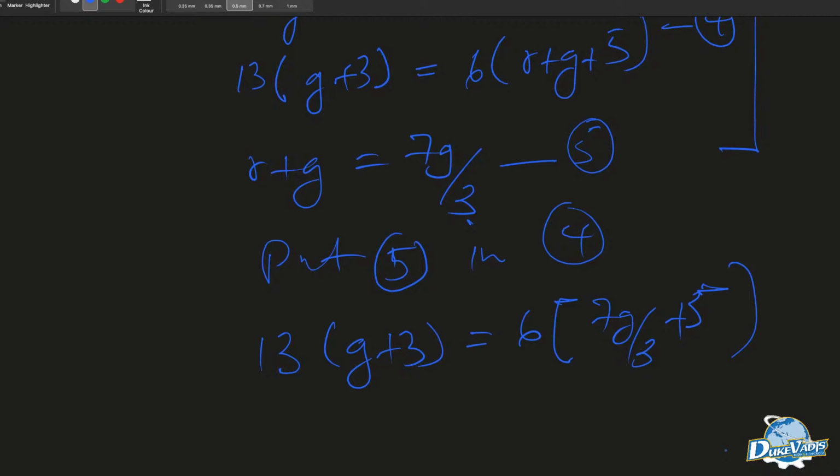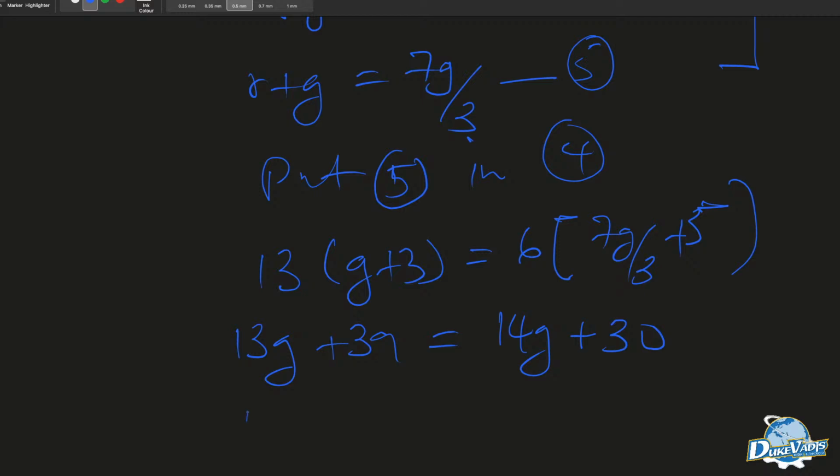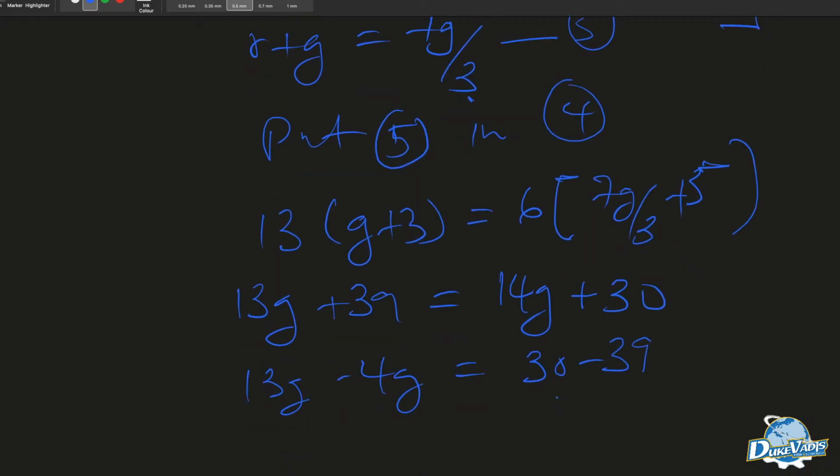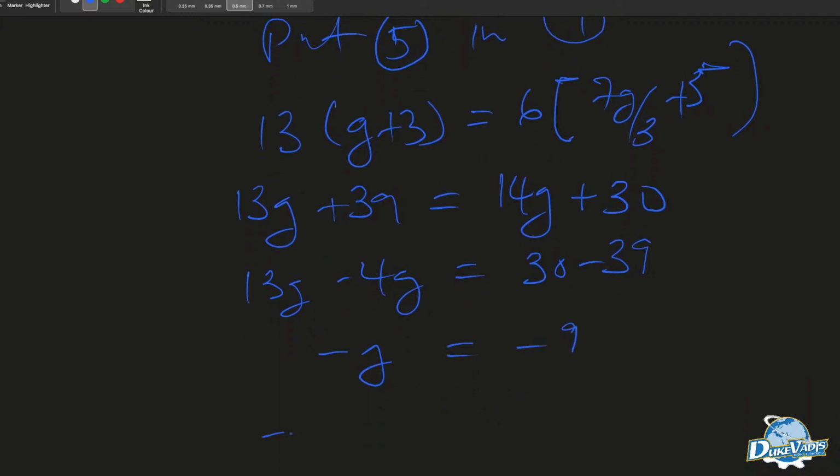When we simplify, we get 13G plus 39 is equal to 14G plus 30. So all the G's come out: 13G minus 14G is equal to 30 minus 39. So negative G is equal to negative 9, implying that G is 9.